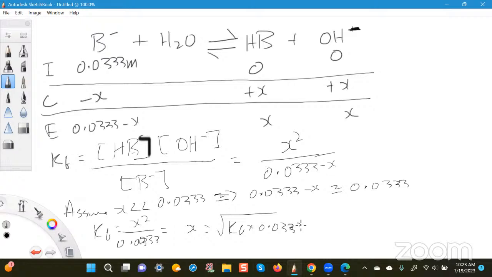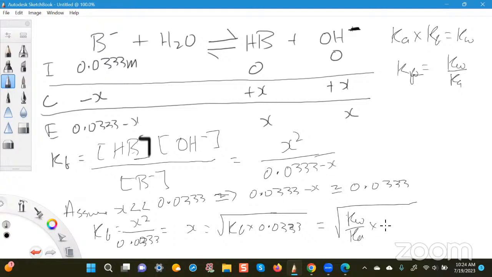Now, we are not given the KB value for the conjugate base, but we're given Ka for the acid. So we know the relationship between Ka and Kb is that Ka times Kb is equal to Kw. Therefore, Kb will be equal to Kw divided by Ka. So under the square root sign, we're going to have Kw divided by Ka times 0.0333.